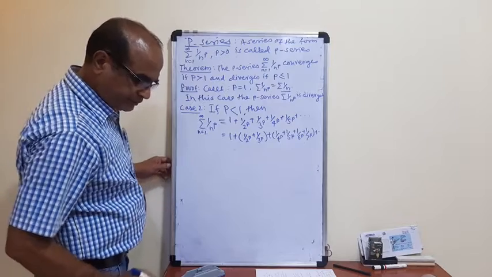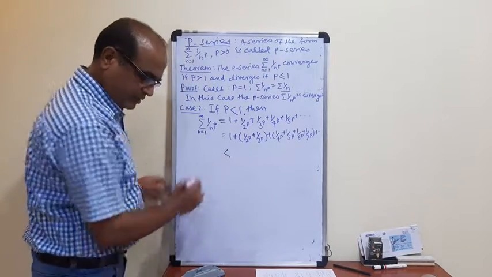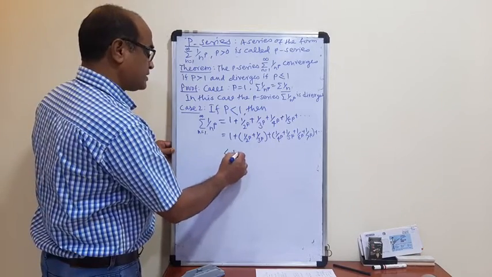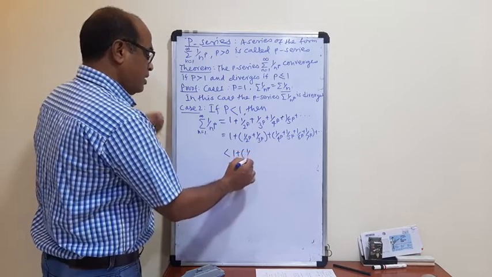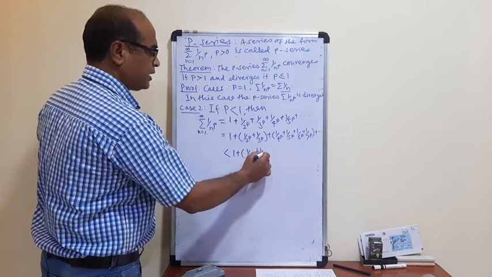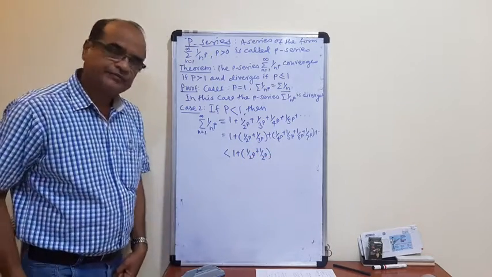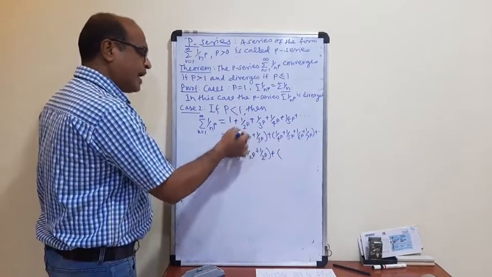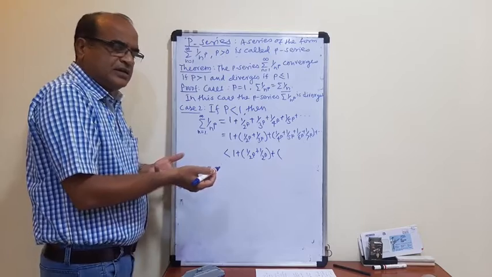So this is less than what? 1 plus 1 upon 2 raised to p plus 1 upon 2 raised to p. Okay? So this bracket is less than this.